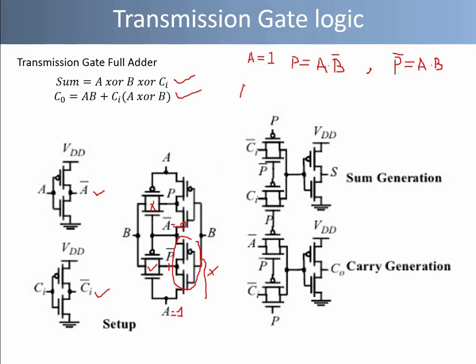Similarly, for A equal to 0, we can verify that these two transistors are turned off and this transmission gate is turned on.